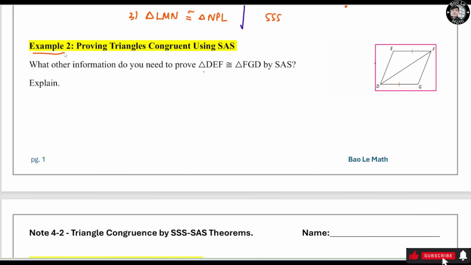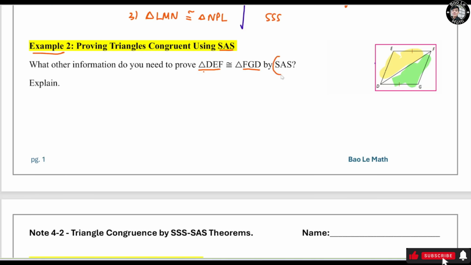Now let's move on to example number 2. We're going to prove triangles congruent using SAS, right? What other information do you need to prove triangle DEF congruent to triangle FGD, right? DEF is going to be this guy right here, and FGD is going to be this guy right here.